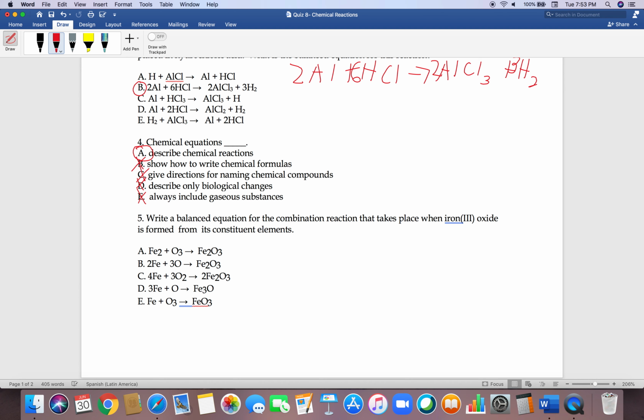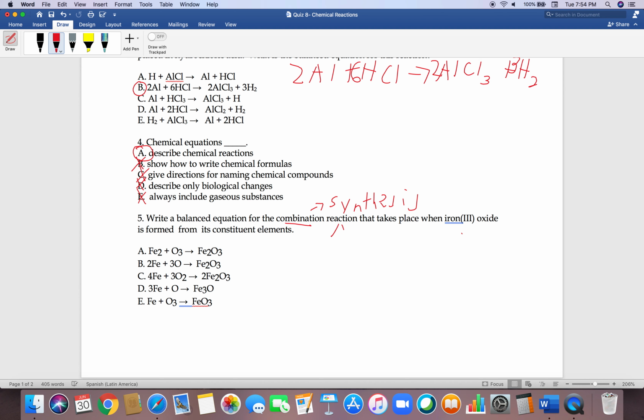Number 5 says to write a balanced chemical equation for the combination reaction, a type of reaction that we need to recognize, that takes place when iron(III) oxide is formed from its constituent elements. Another word for a combination reaction is a synthesis reaction, meaning we're taking two things and forming one.